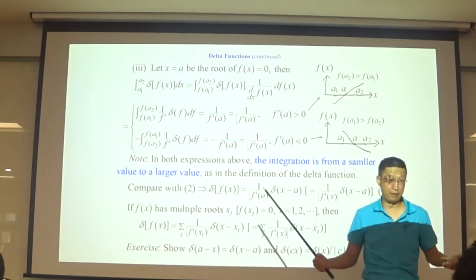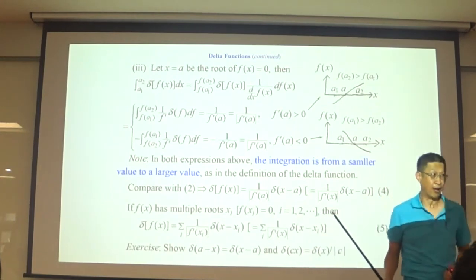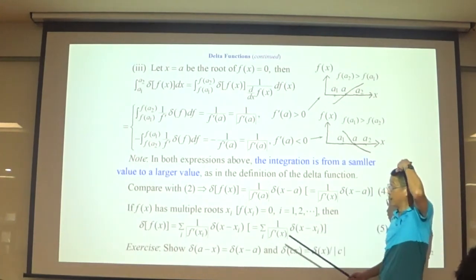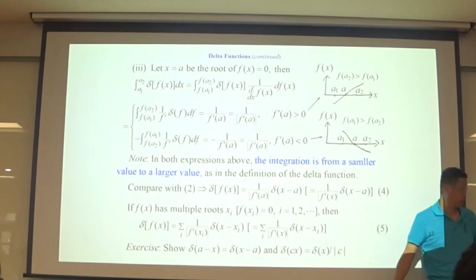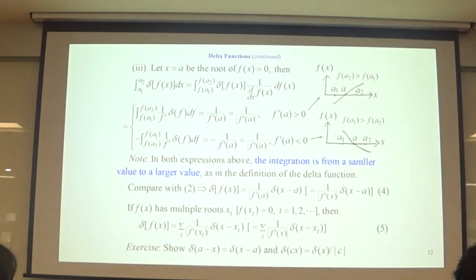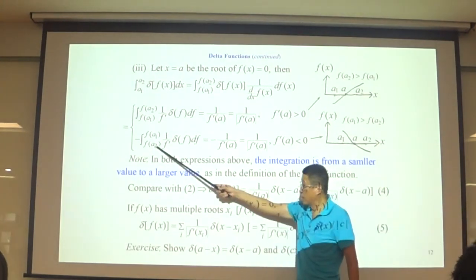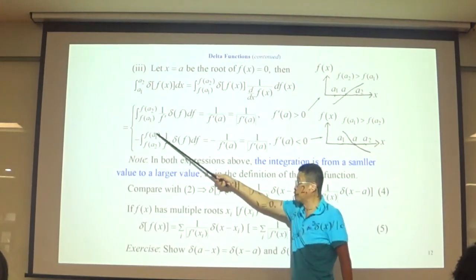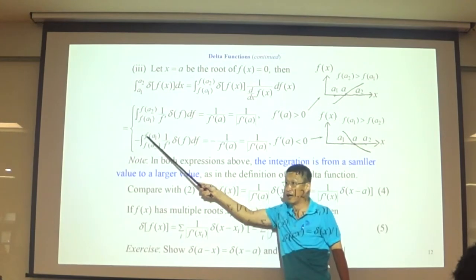Be acceptable. Okay. Now you have an idea because of this one. Because of integration from smaller to higher, from higher to smaller is different. So from smaller to higher, we need a minus sign.